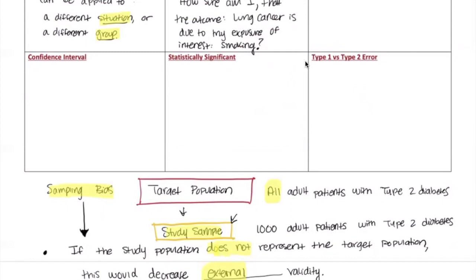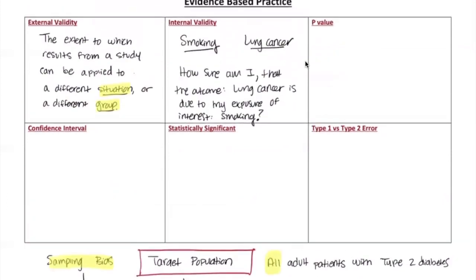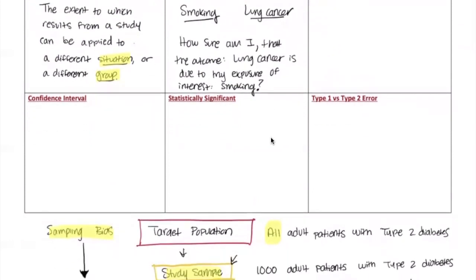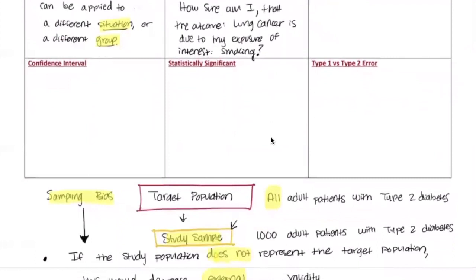So just to recap what external validity is: external validity is basically the extent to which results from a study can be applied to a different situation, or I like to think of it as a different context. And there are different things that can basically be a threat to external validity. And one of those is sampling bias.